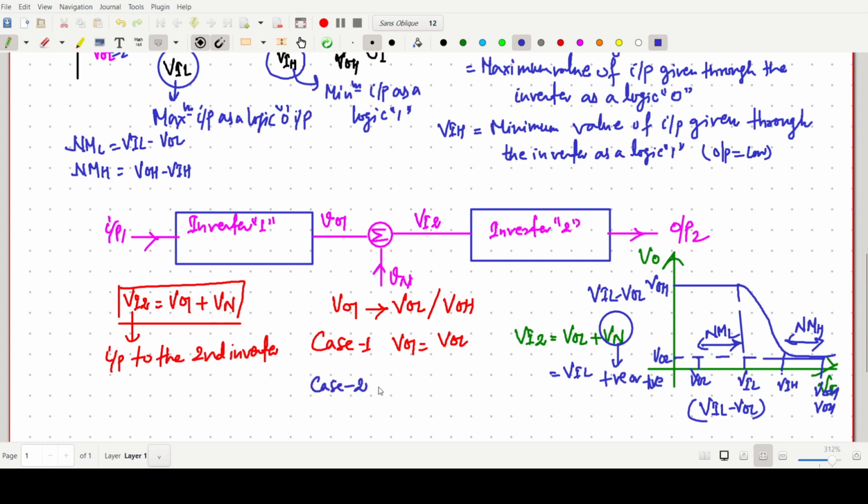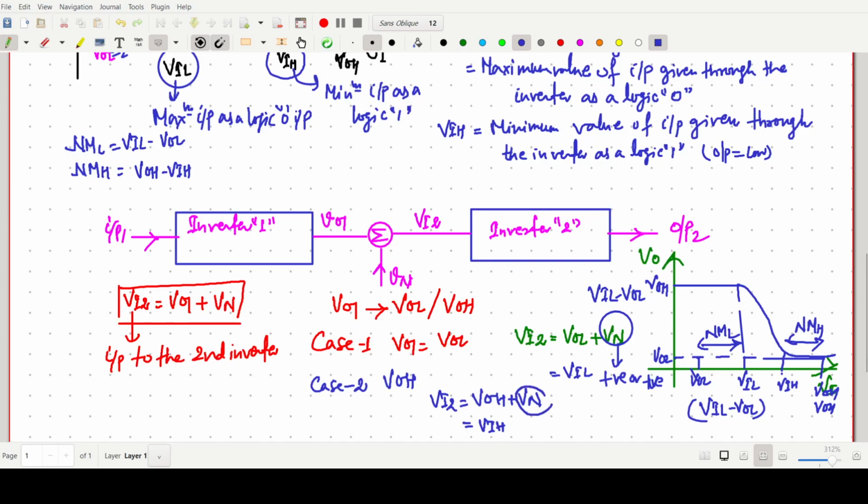In case 2, when VO1 is VOH, then Vi2 will be VOH plus Vn. Here Vn is positive if we go above, and it will work. But if this value is VIH, then it will work properly.